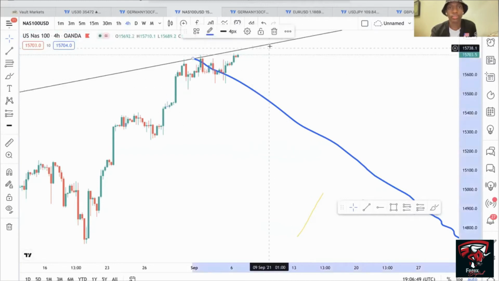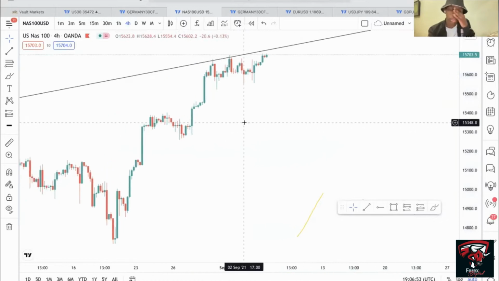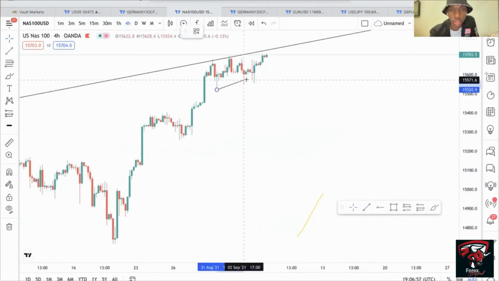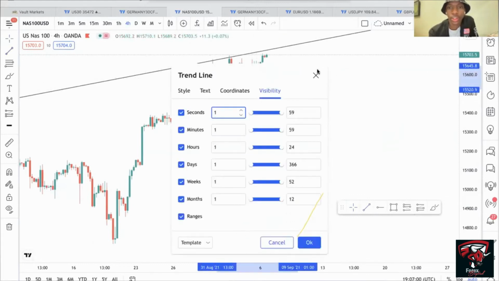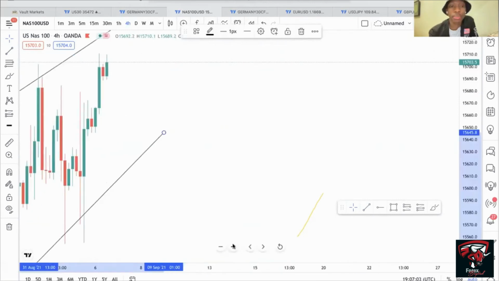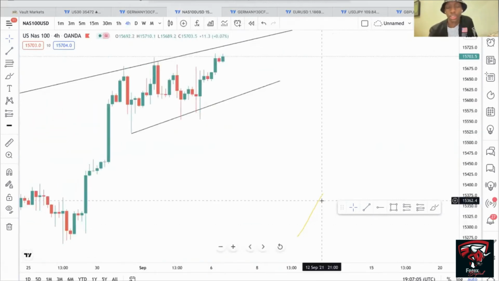Okay, let's carry on. All right, guys, so looking at it now on H4, we can connect our lower lows just like that. I just think that Nasdaq is forming a pattern within the pattern.